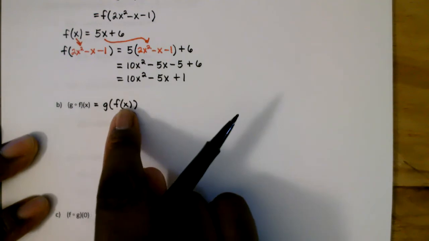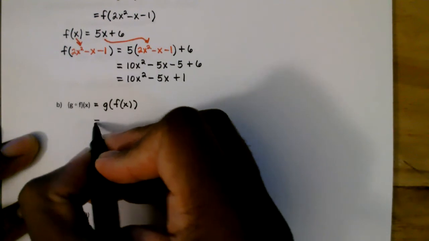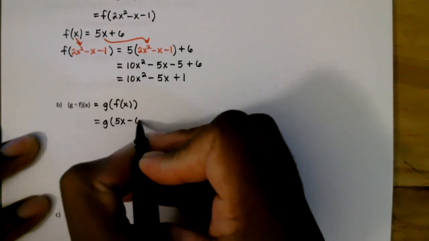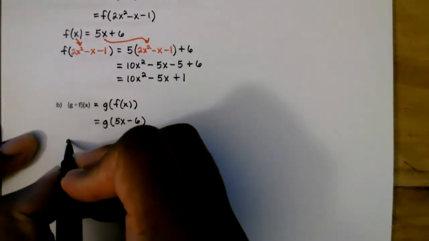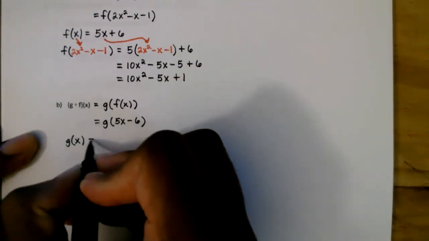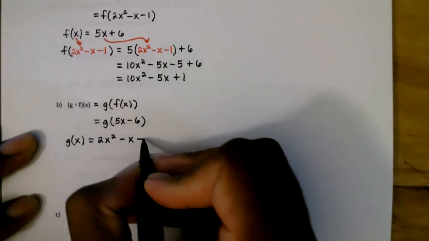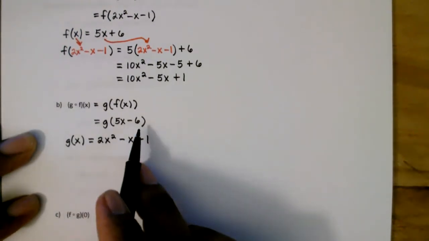The inside function is f of x, and f of x was 5x plus 6. So let's substitute f of x with 5x plus 6. And of course, my g of x is 2x squared minus x minus 1. And I'm evaluating g of 5x plus 6.